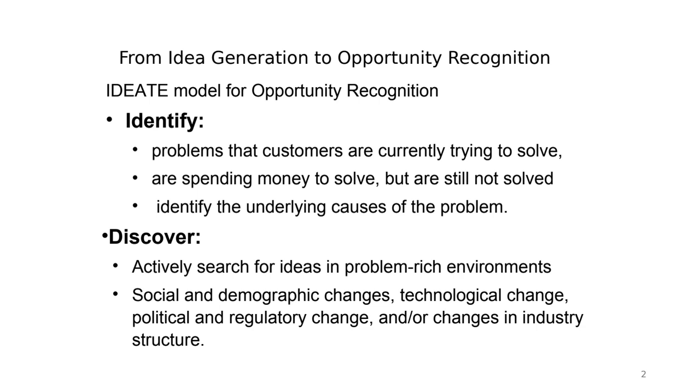So the first thing is you identify the idea. What are the problems that people are currently trying to solve in your area of activity? Things people are already spending money on, but they feel the problem's not really solved. And what are the underlying causes of this problem? In my case, I've decided to look at a garden service.